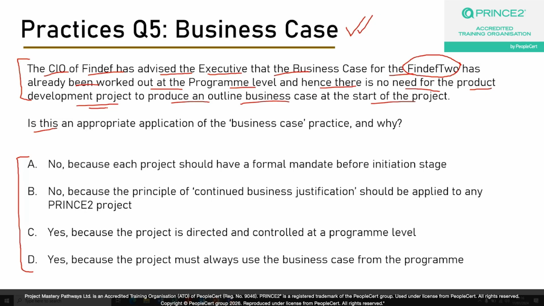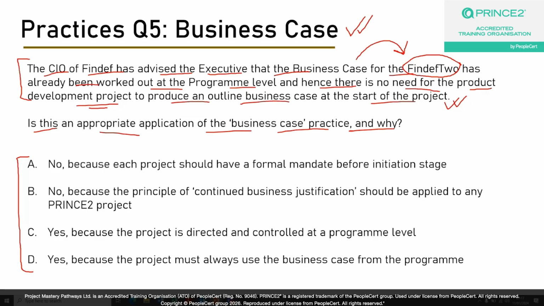So you as a project manager, or you as the executive of one of these product development projects under this FindF2 program, need not produce an outline business case at the start of the project, because the outline business case or the business case has already been designed as part of the program. Okay, now is this an appropriate application of the business case practice, and why?